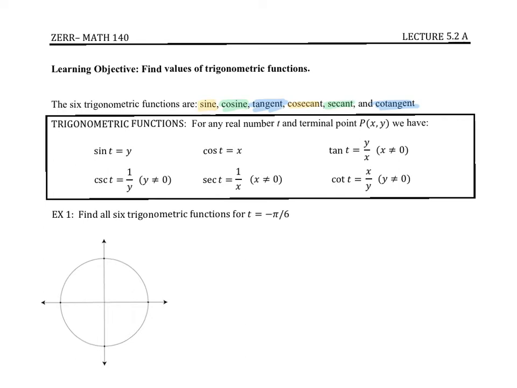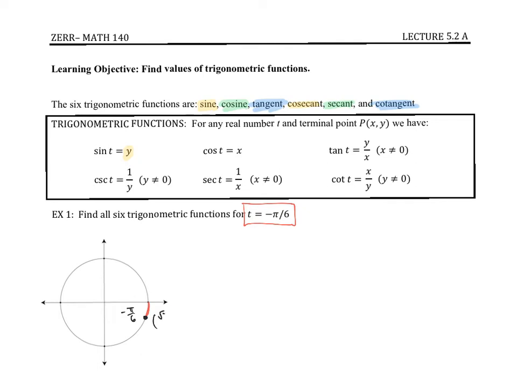So sine is defined as the y value of a terminal point. For example, here I have a location on the unit circle, so I'm going to go back to negative pi over 6. Now is where it's really nice to know all those terminal points on the unit circle.